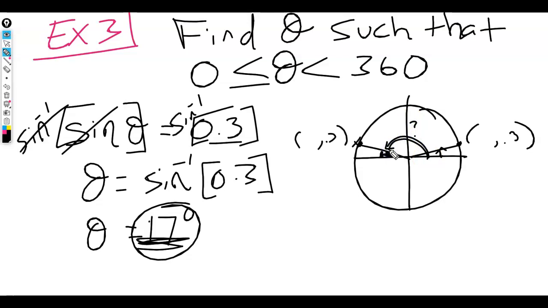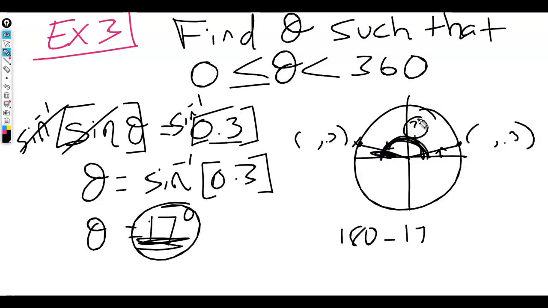Okay? And so now how are we going to do that? Well, it's going to be 180 minus 17 degrees. You guys know that a whole half circle is 180 degrees, right? So if I just subtract away this little piece over here, that would leave me with the angle I want.